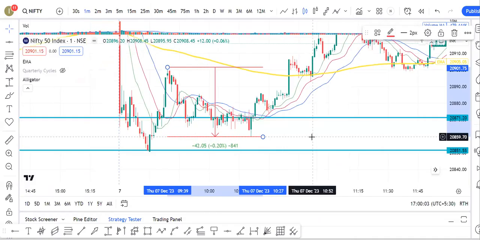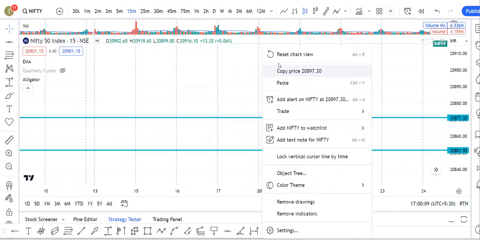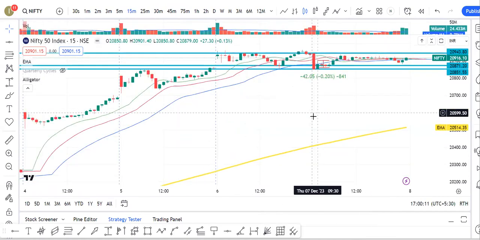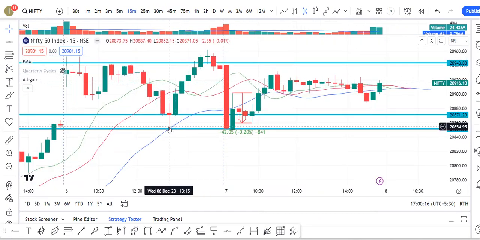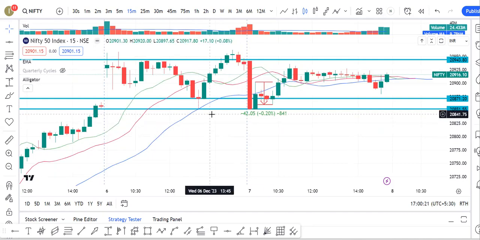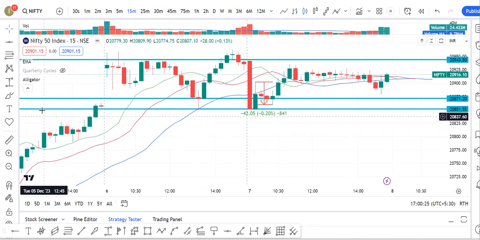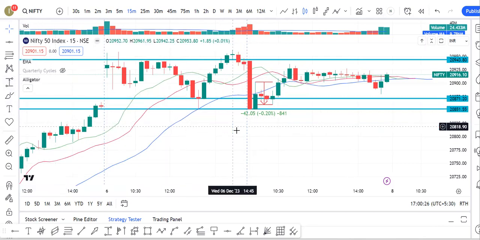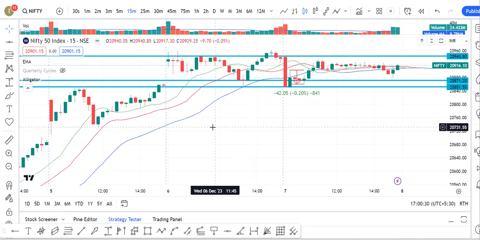Now, what happened to the Nifty? Probably that's what I'm feeling. Let me reset the chart. But actually, it has made a double bottom, equal lows. So when it has made equal lows, maybe a liquidity hunt may take place and Nifty may come down to 20,821.